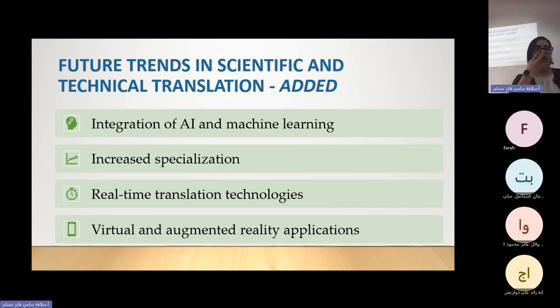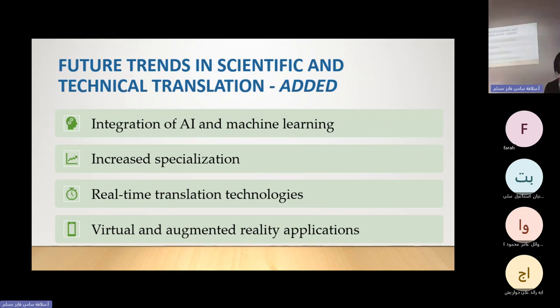اوكي؟ Future trends برضه هاي added. شو الاشياء اللي حتيجي في المستقبل بالنسبة ل technical and scientific translation. Integration of AI اللي احنا هلا دخلنا فيها. اوكي؟ الماشين learning. Increased specialization، يعني فوق ما انها special لسه كمان حيدخل فيها specialties اكثر وتخصصات اكثر وبدنا نتخصص فيها اكثر.